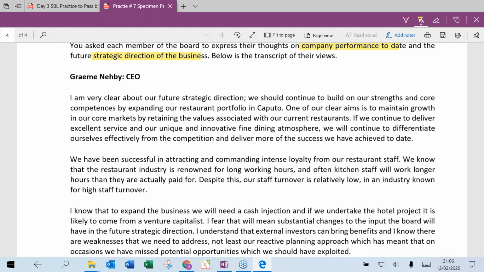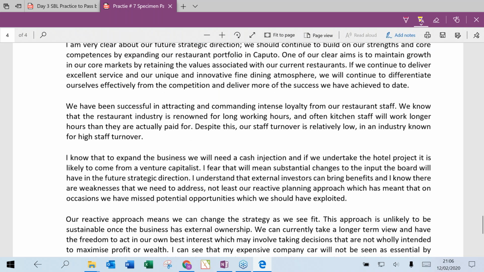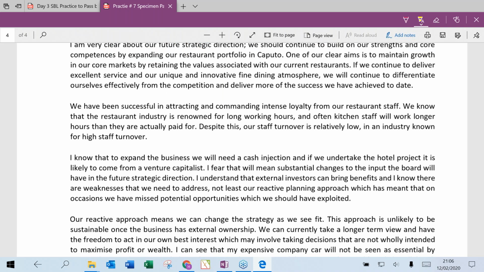There is certain information in this paragraph, but not relating to culture. So I'm just skipping that. We have been successful in attracting and commanding intense loyalty from our restaurant staff. We know that the restaurant industry is renowned for long working hours, and often kitchen staff will work longer hours than they are actually paid for.